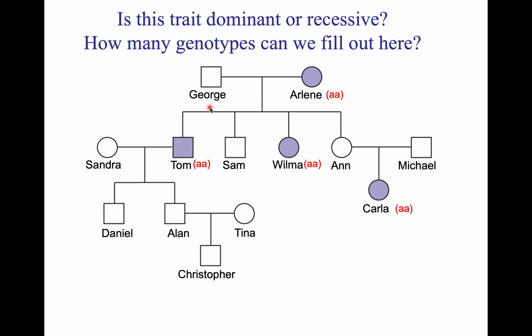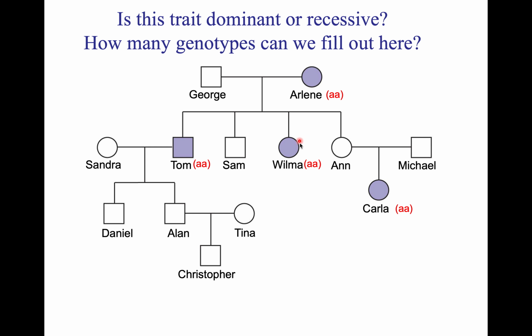So what about some of the other people in the family? Let's see how many we could fill out. Let's go back up here and start with Arlene's husband, George. George doesn't have the trait, which means he has to have a dominant A allele for this particular gene, right? A dominant version of the gene controlling this trait.